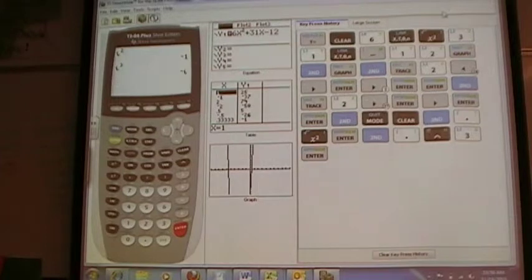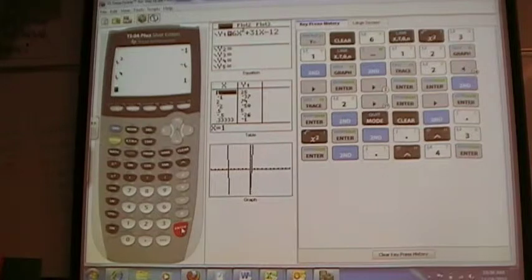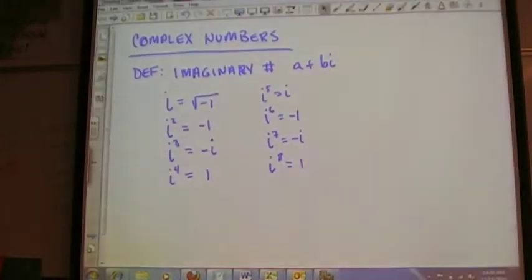Where's the third on the calculator? I use this button right here. So, second i to the fourth, enter, is 1.